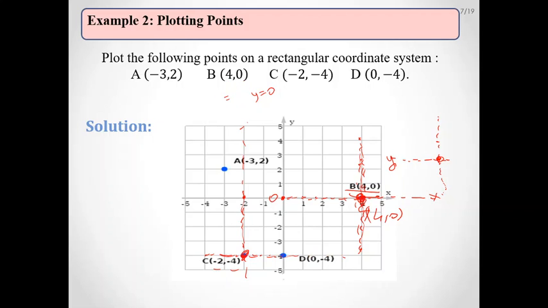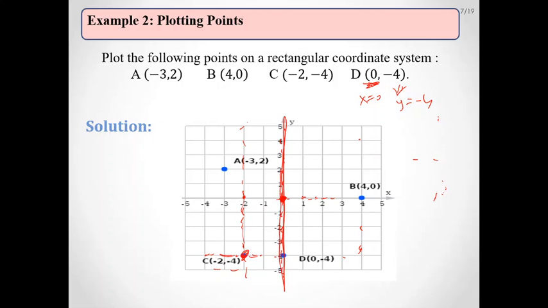And again, let's look at D. Find x equal to 0. From the y-axis, you make x equal to 0. Y is equal to minus 4. From the x-axis, you take a vertical line, and y equal to minus 4 is here.